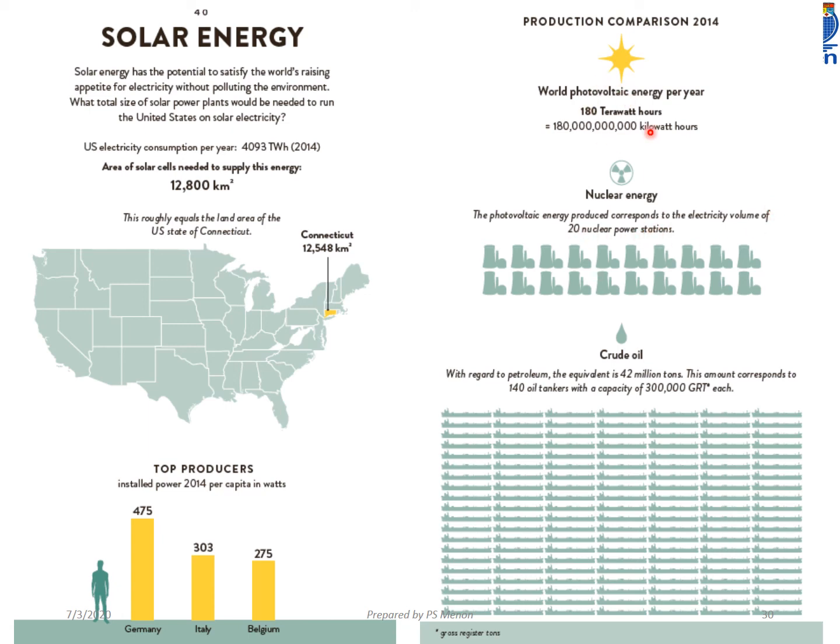And in terms of crude oil, it is equivalent to 42 million tons of petroleum, and this is equivalent to 140 oil tankers with a capacity of 300,000 GRT each.